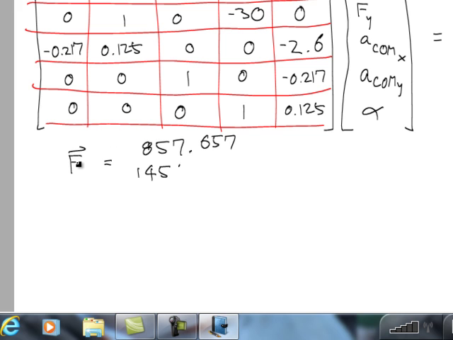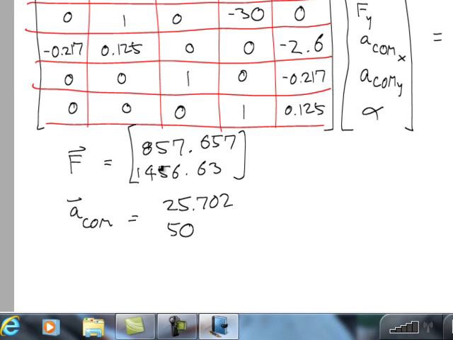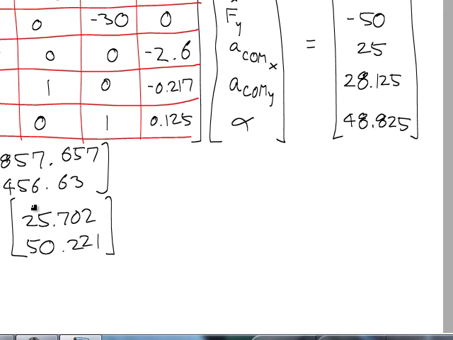The acceleration of the center of mass is 25.702, 50.221. And then the punchline, this is what we were trying to solve, is negative 11.1667, which matches last time, so we don't have to do it again. So that's good.